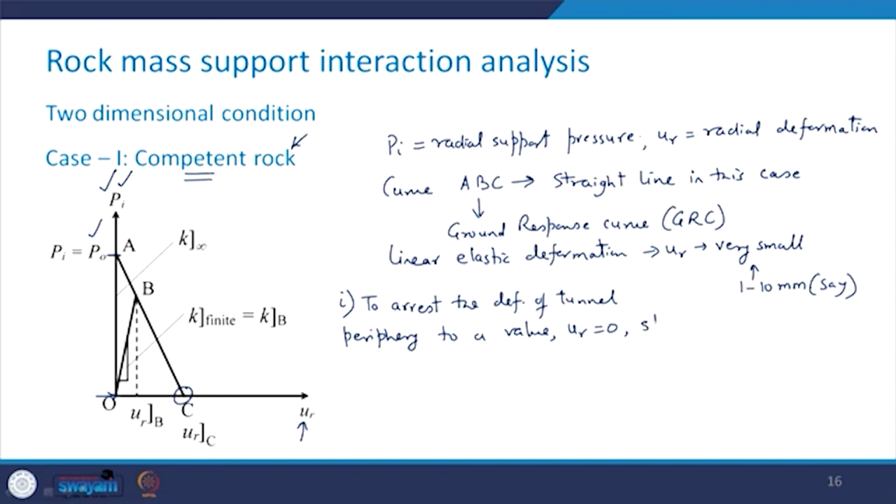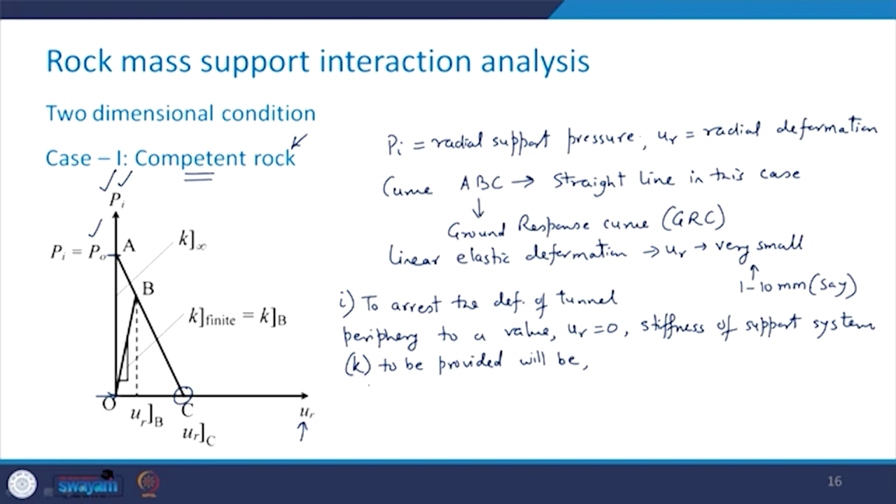So, the stiffness of the support system, which I am writing as K, to be provided will be what?